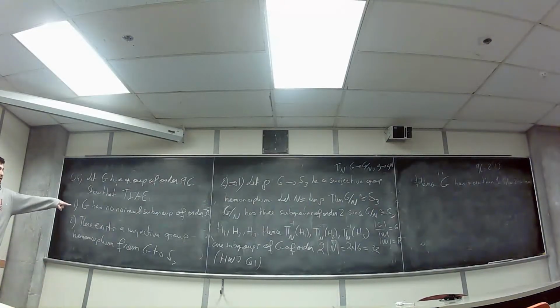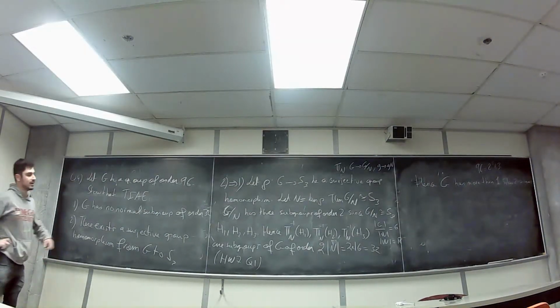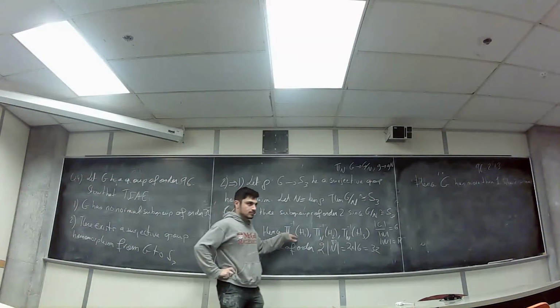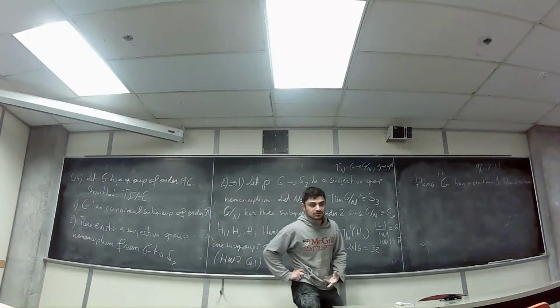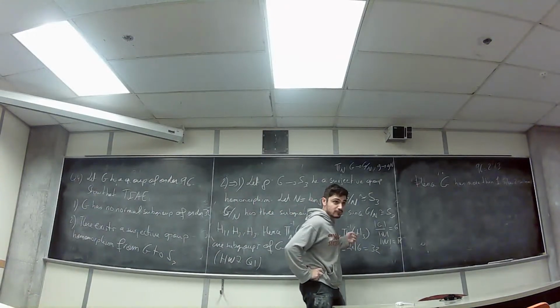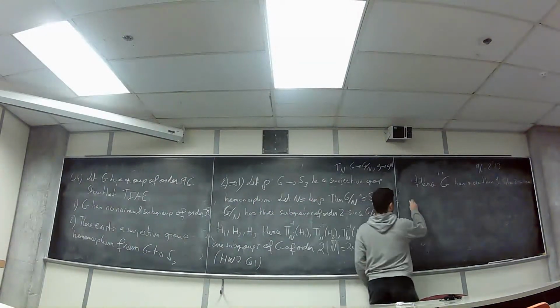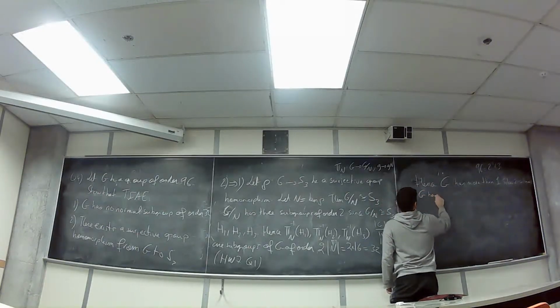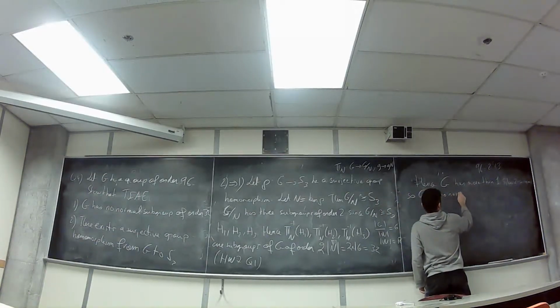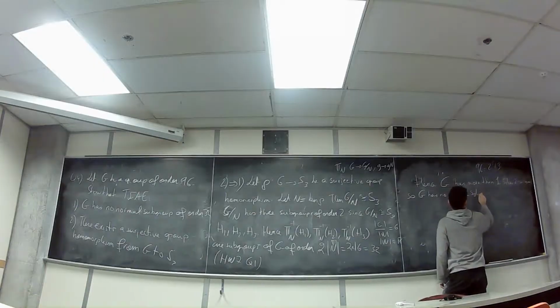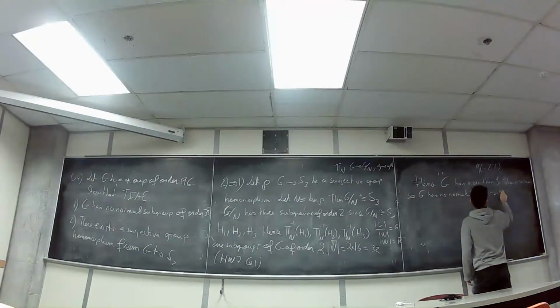So how many subgroups of order 32 do you have? You have more than one, at least 3 of them. I mean, you have exactly 3 in that case, but at least 3. So none of them is normal. So G has no normal Sylow subgroup.